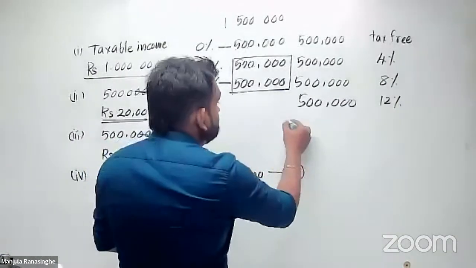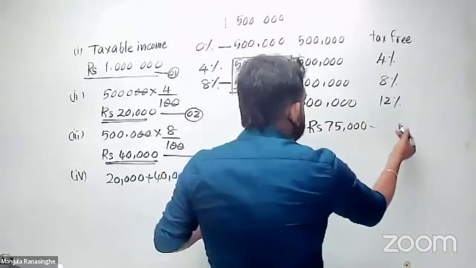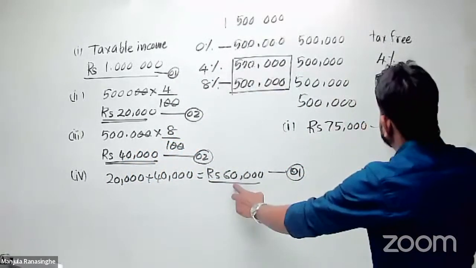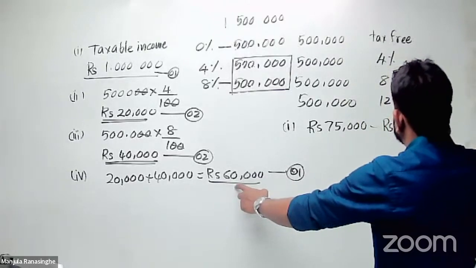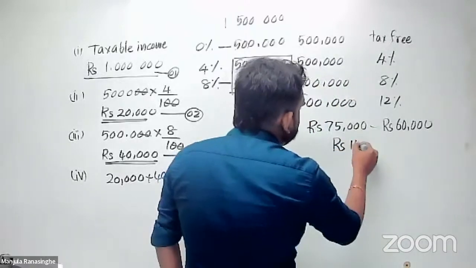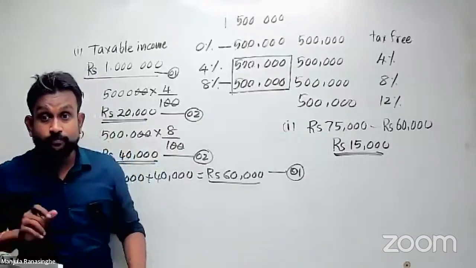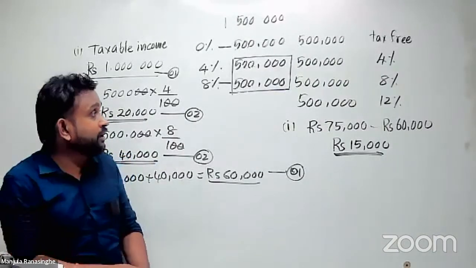Then what is the additional payment of income tax? 75,000, subtract the payment they have paid, rupees 60,000. So additionally paying tax is 15,000. You have that here.